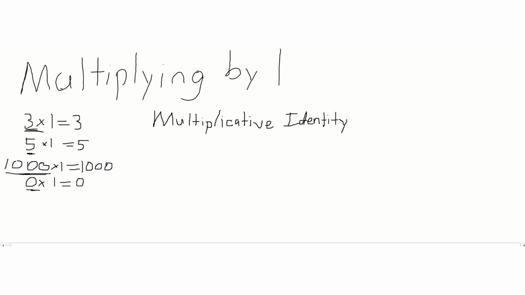Multiplying by 1 is the multiplicative identity, which just means that if you multiply any number by 1, you get the other number. Okay?